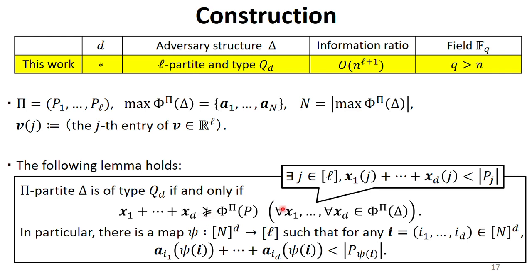So this means that there is an index j such that the sum of these entries is less than the size of Pj. So in particular, for any combination of d maximal vectors, we can fix an index psi_i such that the sum of these entries is less than the size of the corresponding part. So we will use this lemma later.